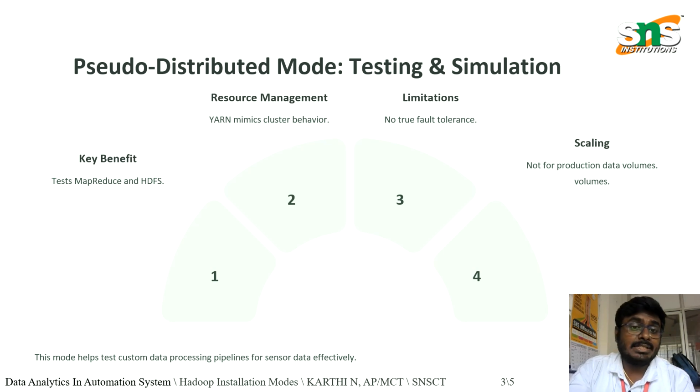Testing and simulation mainly depend on four resources: key benefits, test MapReduce, and HDFS. YARN mimics cluster behavior, which comes under resource management, and there is no true fault tolerance. That is the major limitation of pseudo-distributed mode, along with scaling: it is not for production data volume.